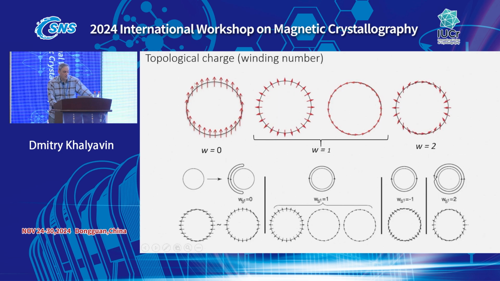So on the left we can see what is called topologically trivial, simply the ferromagnetic state, with a topological charge 0, while in the middle you can see two vector fields with topological charge 1, and on the right, topological charge 2. So these two in the middle have identical topological charge.